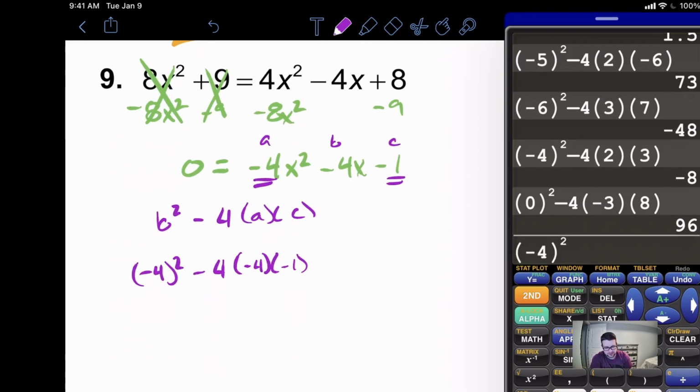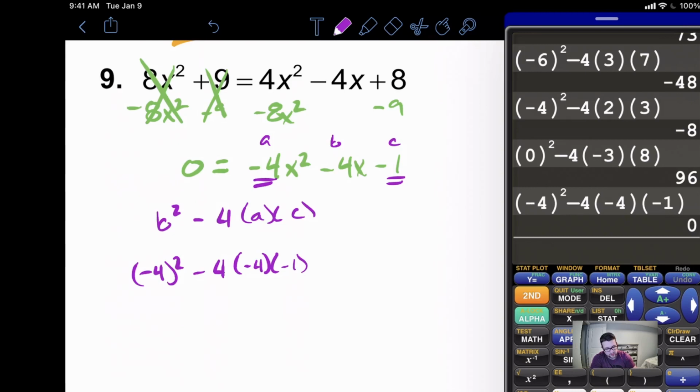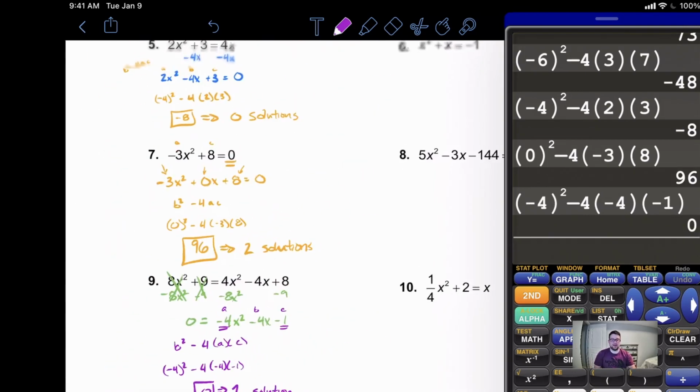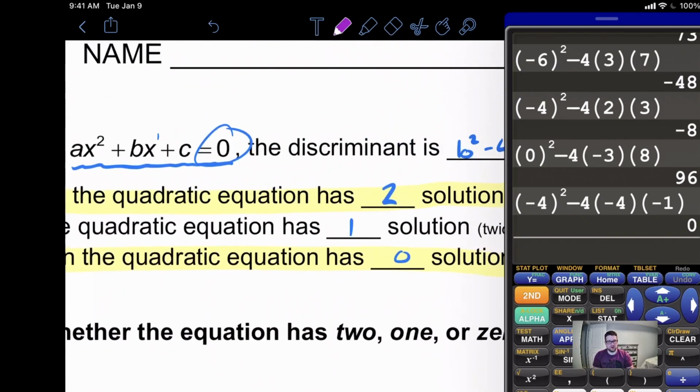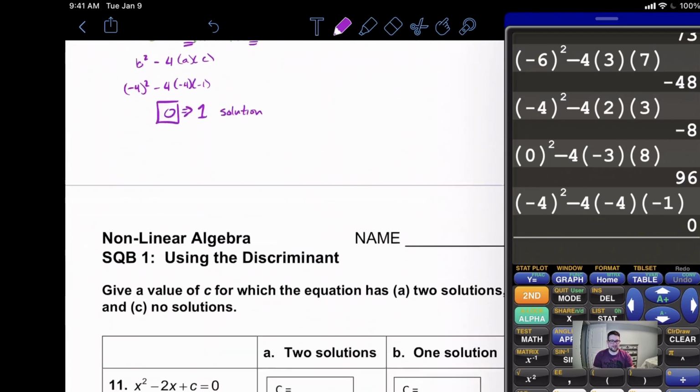Negative 4 to the second power minus 4 times negative 4 times negative 1. And when you do that, we get 0 out as an answer, and 0 means that we will get 1 solution. And that we can see up here on our list as well. So if we get an answer of 0, we get 1 solution. It's kind of that middle one.